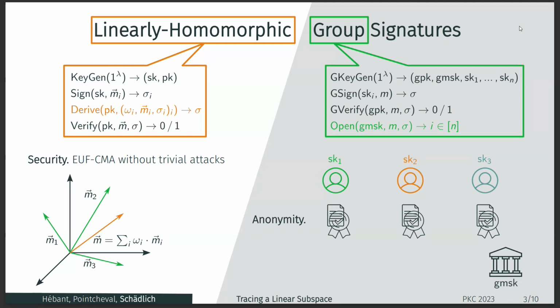For this reason, one introduces a second security requirement called traceability. And this is the point where the group manager enters the stage, because using this special secret key of the group manager, it is possible to revoke anonymity and to identify the creator of a given signature. The latter process is called opening of a signature.